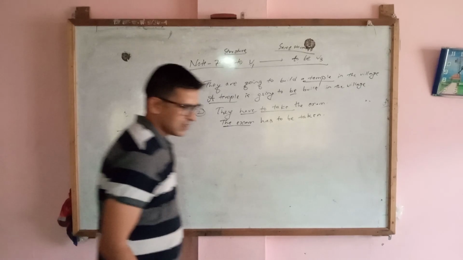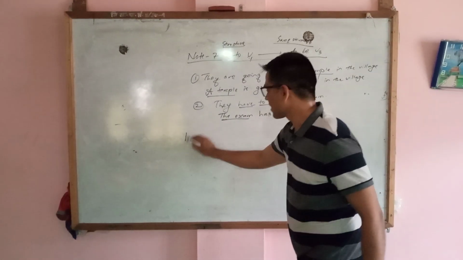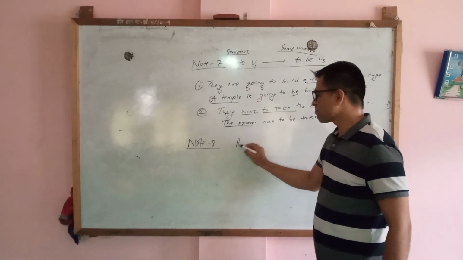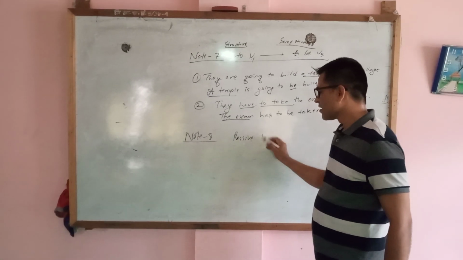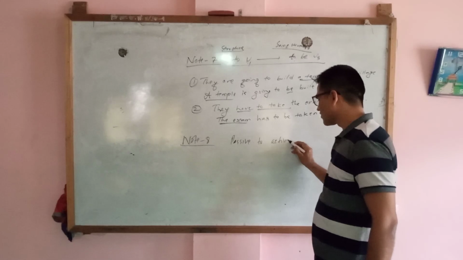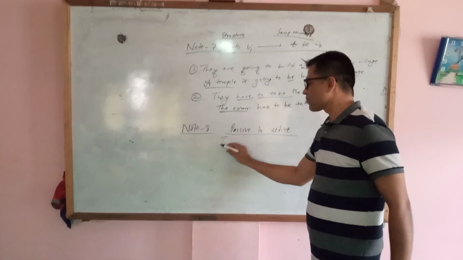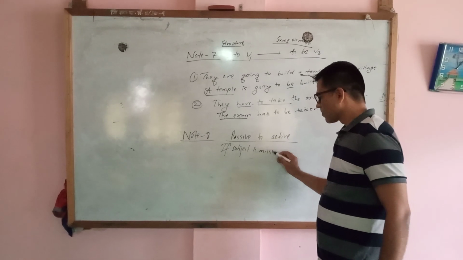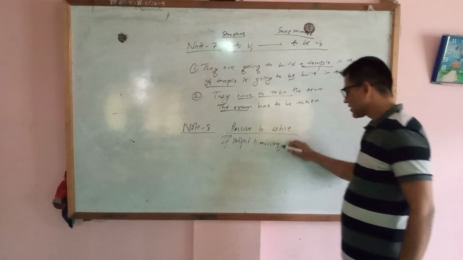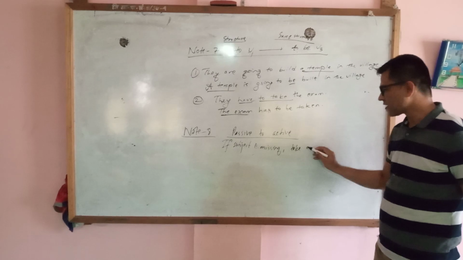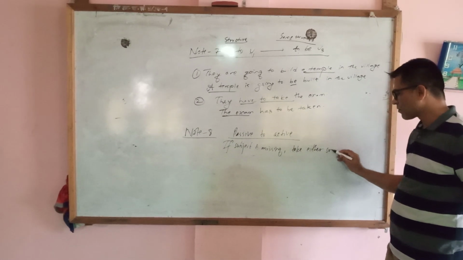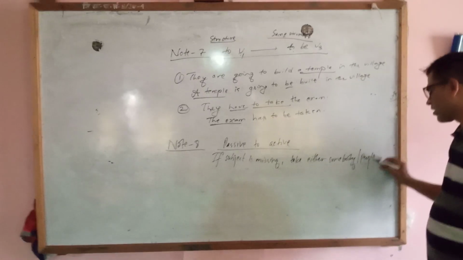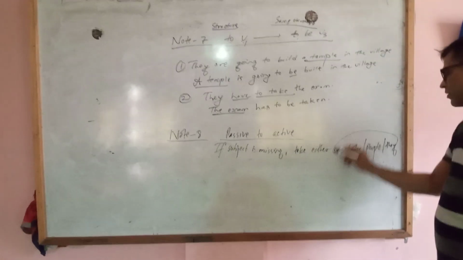So now let us talk about note number 8 in simple sentences. In case of passive to active, if subject is missing, take either somebody or people or they, whatever.